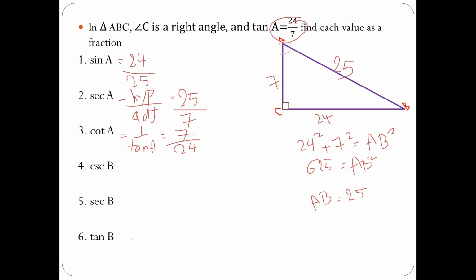What about now cosecant B? Cosecant is 1 over sine B. What does it mean?